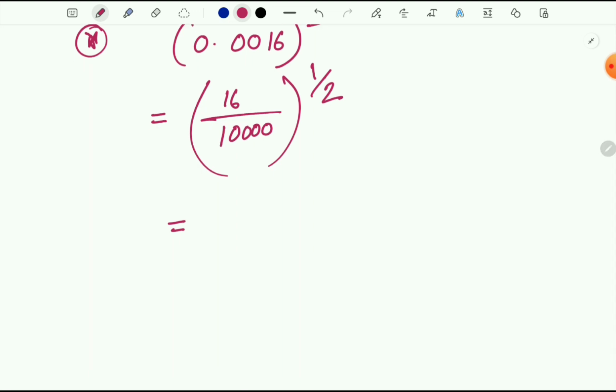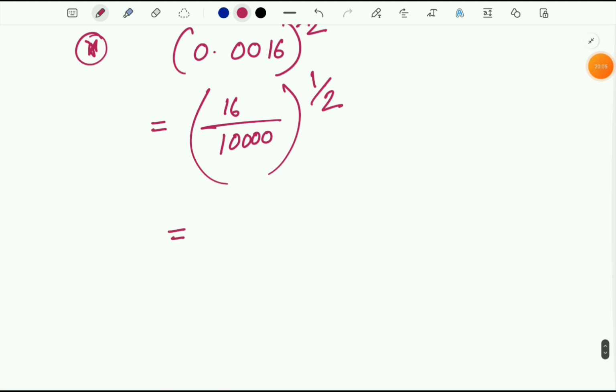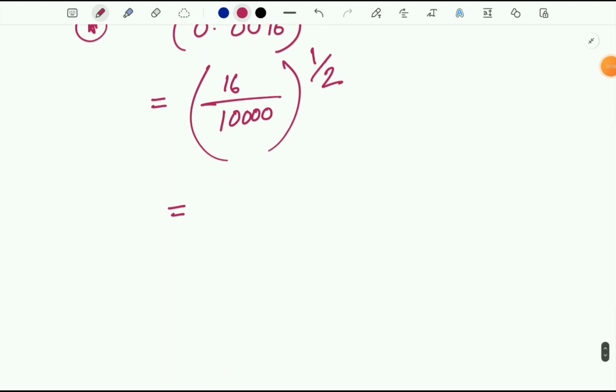Let's write 16 as 4 square, and 10,000 as 100 square. What does this half mean here?